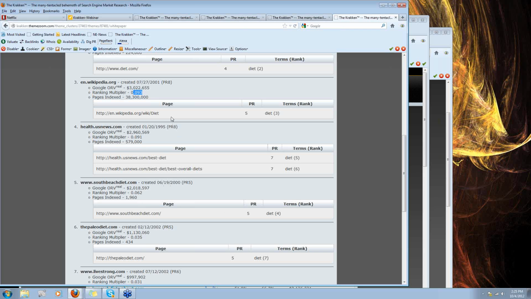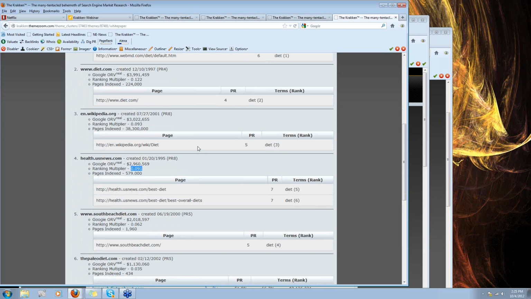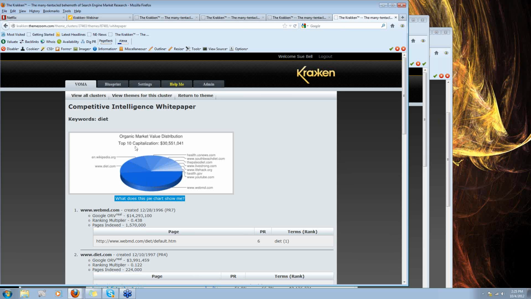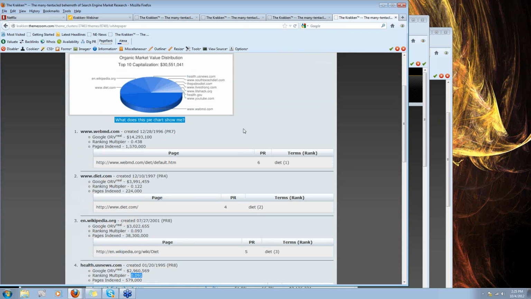So we're just trying to be completely transparent here about what we're multiplying the value of this keyword for to determine the Google ORV real for this particular domain. And that's how it's calculating this pie chart up here and showing you who's owning the market. Remember, this is just for the parent theme and synonyms.